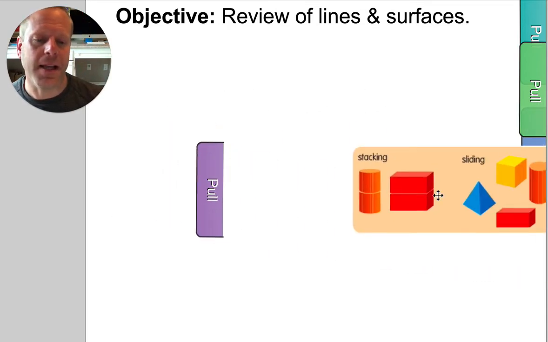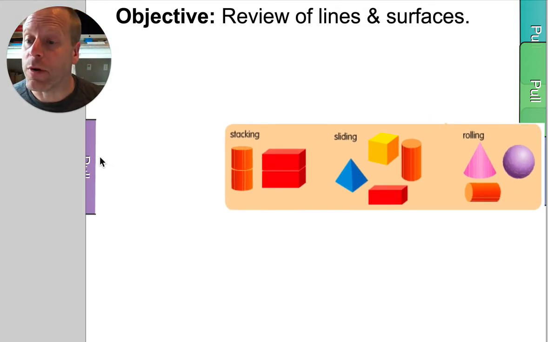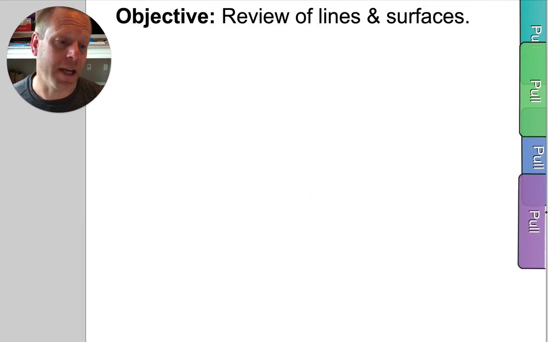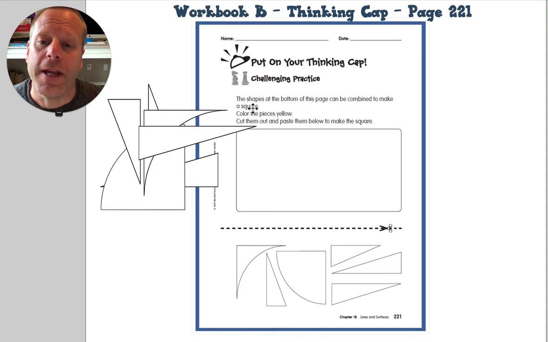And then the last lesson, oh, look at that, I hinted at it. Can you stack the shapes? Do they slide when you push them, or do they roll? And this gets us to one of the review activities I'm going to have us do today. Take a peek. So the first thing you're going to do, and this is more of a challenge, I have cut out all these shapes at the bottom of this page.